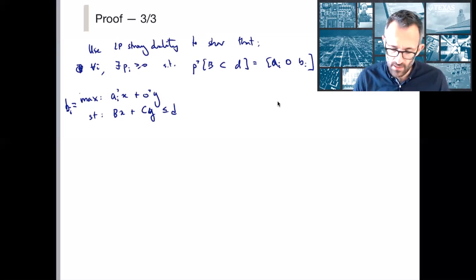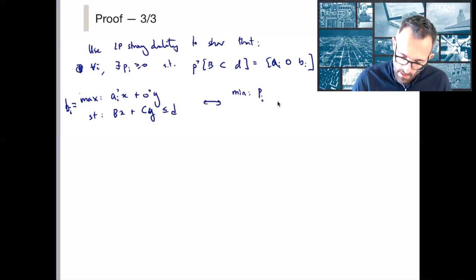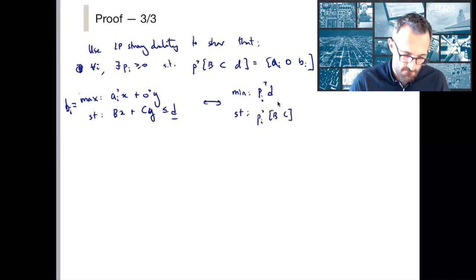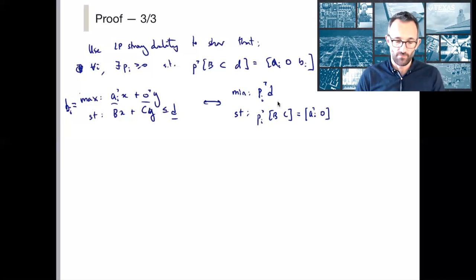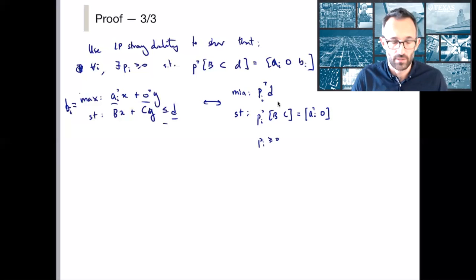Okay, so that's this, and now let's look at the dual of this LP. So the dual is the problem: minimize, my variable will be Pi, Pi transpose D, the right-hand side here, subject to Pi transpose the matrix (B, C) equals the matrix (Ai, 0), because that's from the objective, and I have equality here because x and y are unconstrained, and I also need Pi non-negative because I have an inequality in the primal.